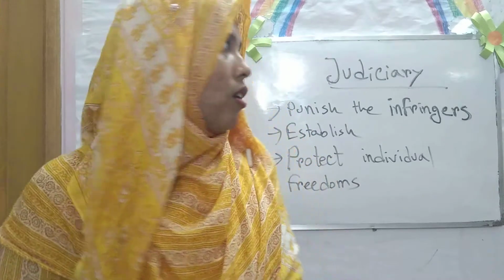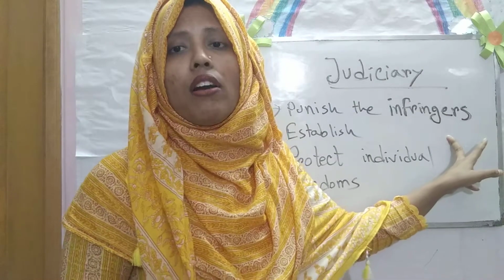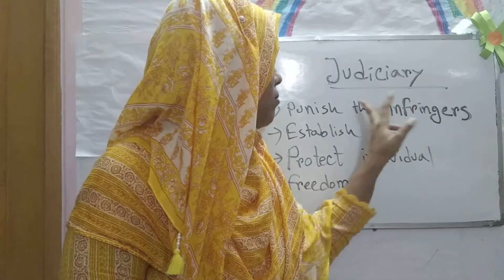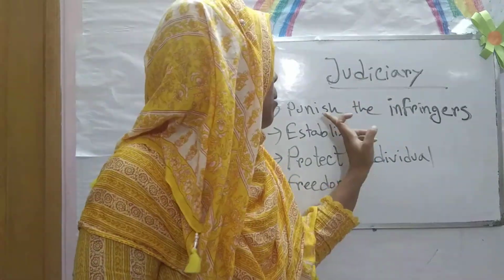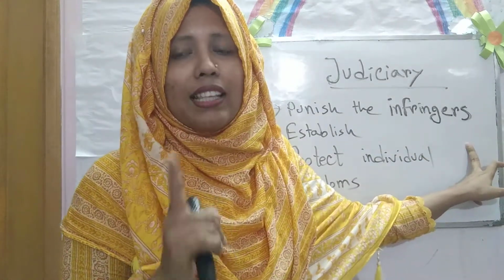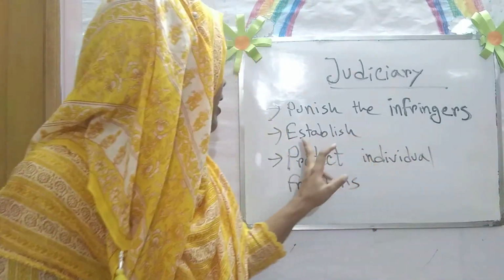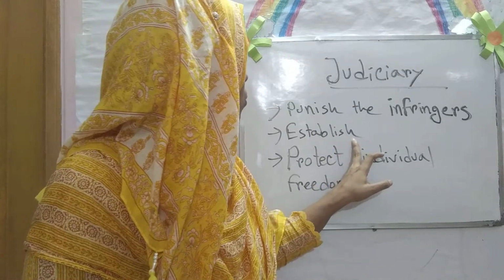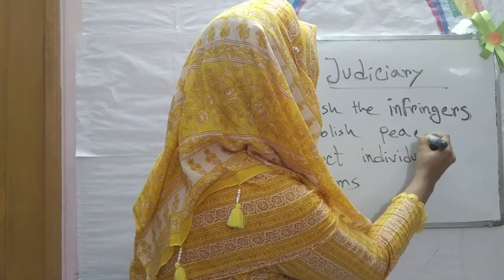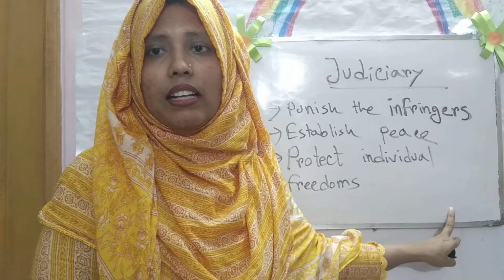For protecting those laws, they punish all the infringers. Infringers means those who violate or break the laws. Our judiciary group punishes the infringers who break the laws enacted by the legislature group. After that, the judiciary group works to establish peace in a country.